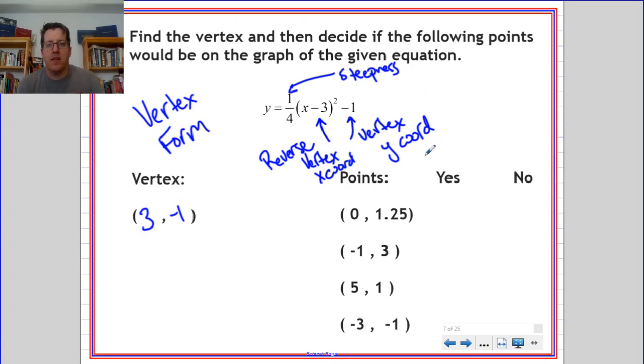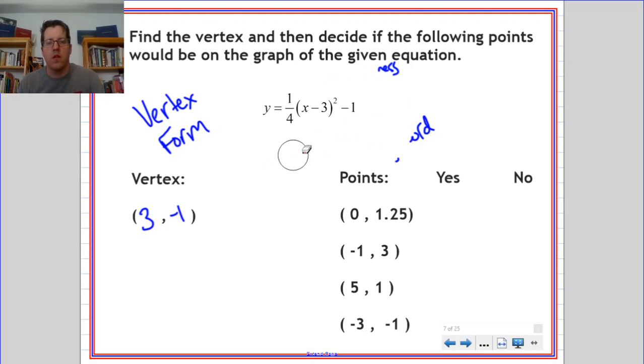So let's take these as examples. I'm going to clear out this information on the steepness and the vertex so that I have some space to work. So I'm going to plug in the x-coordinate and see if that gives me the y-coordinate.